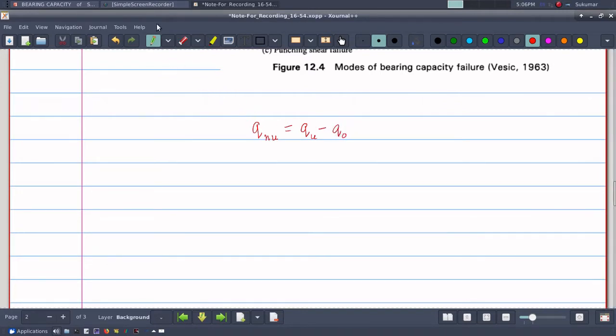So this is how we can express net ultimate bearing capacity.